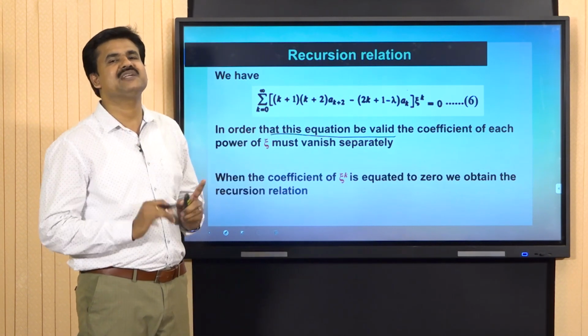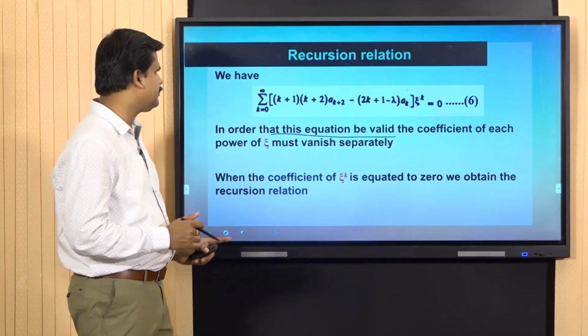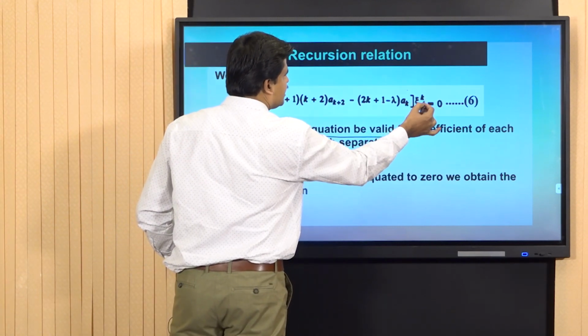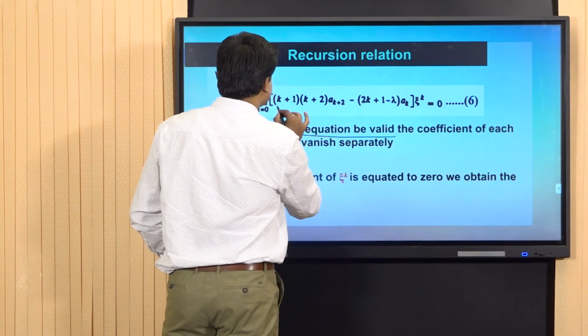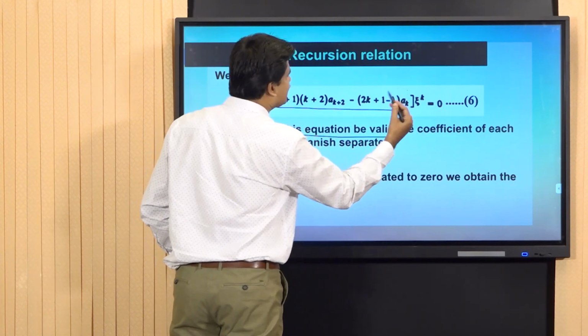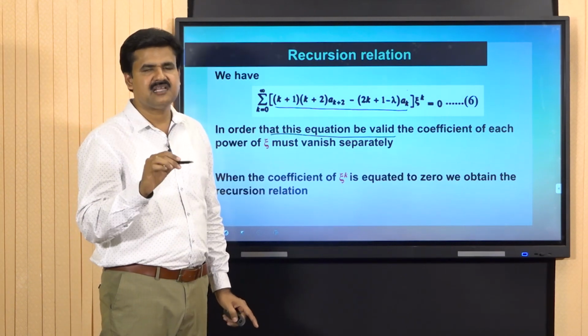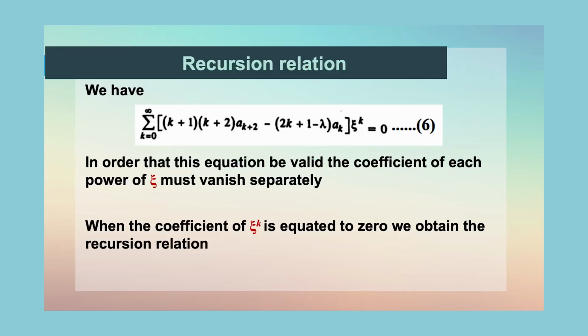So in order to get the recursion relation, we have to equate the coefficient of psi raised to k, that is the term represented inside the bracket, to be 0. From that, on rearrangement, we will get a new relation. That new relation is called the recursion relation.